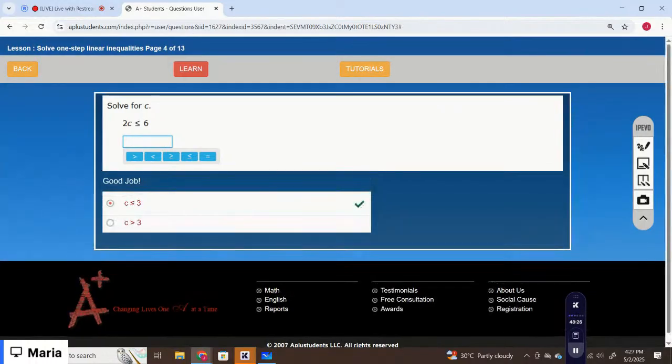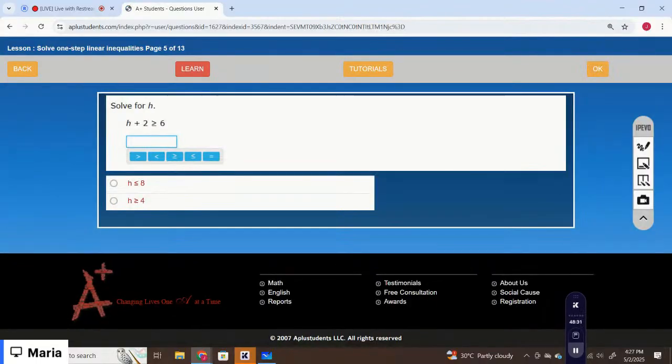Option number 1 is the correct option. H plus 2 is greater than or equal to 6.